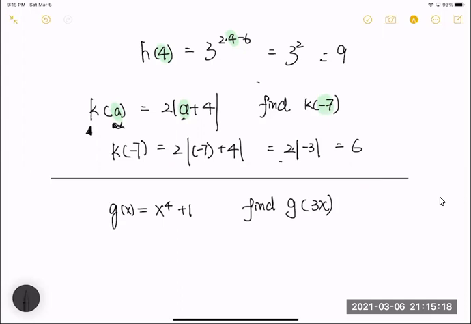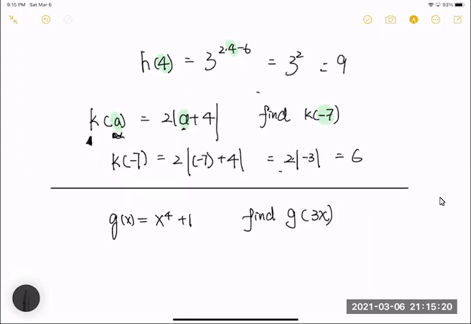Well, that means instead of replacing with a real number, you want to replace 3x for every x. So let's look at the equation. We have 1 x here. This x is going to be replaced with 3x. So I have g of 3x equals 3x to the 4th plus 1.